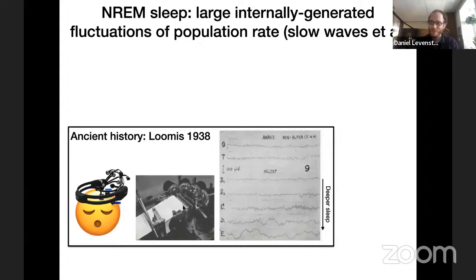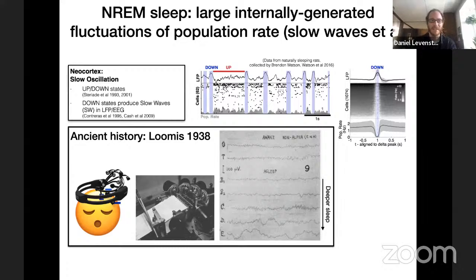He would have his New York City friends come to his house and just take these naps and record whatever happened. What he noticed is that when they fell asleep, you start seeing these large fluctuations in the EEG signal, larger than basically anything you see during wakefulness. And importantly, as they fell into what he called deeper and deeper sleep, the fluctuations got bigger and bigger.